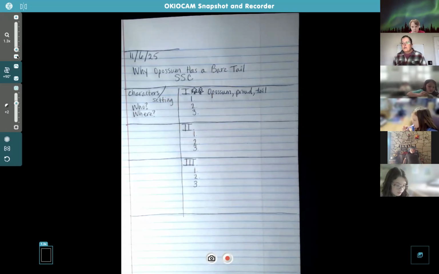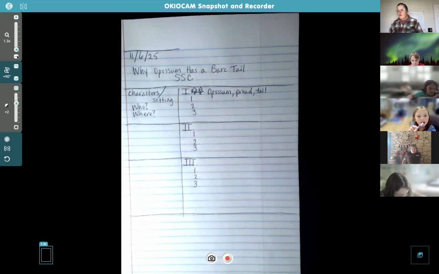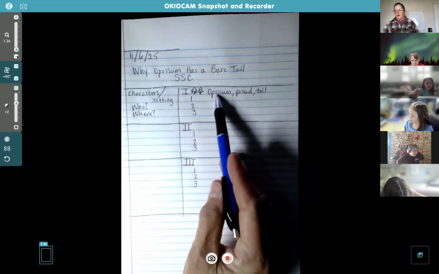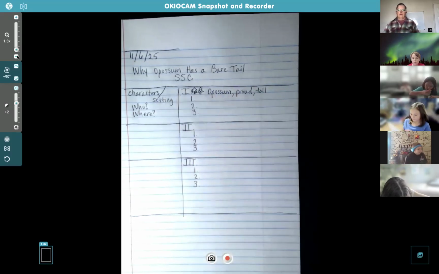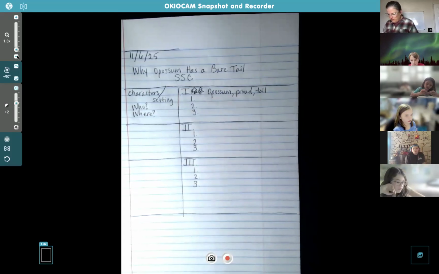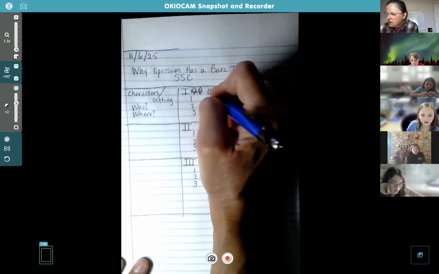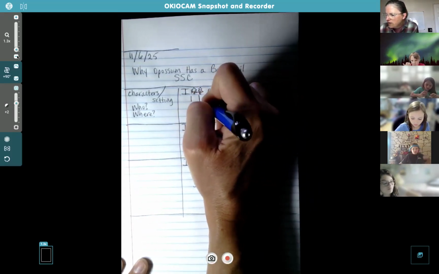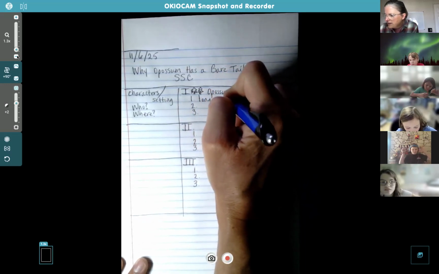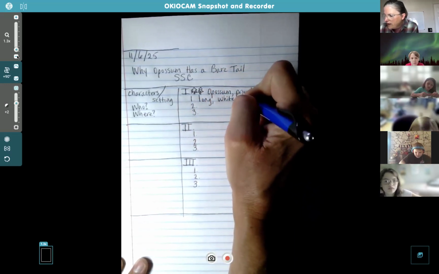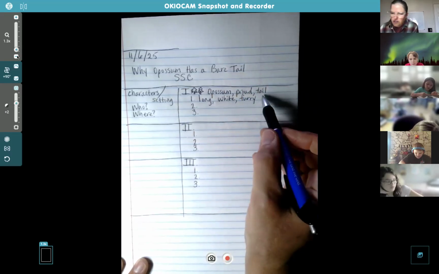How about, let's see, Allison, what about his tail in the beginning? How did it describe his tail? Because we're going to tell a little bit more about opossum here for the character. A long white furry tail. Yes. So we could put long, white, furry, and we know we're talking about the tail because we just said it here.